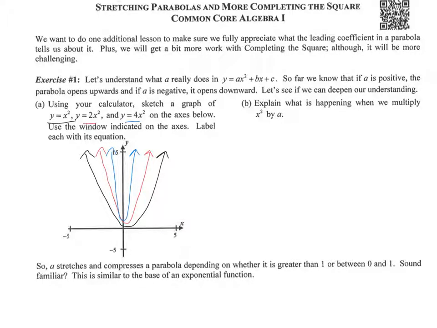Explain what is happening when we multiply x squared by a. Well, when we multiply x squared by a, the graph is going to get skinnier and skinnier. The larger a is, the skinnier the graph.